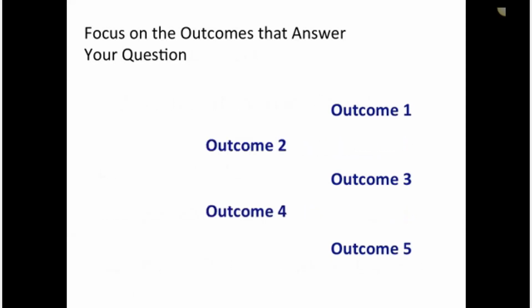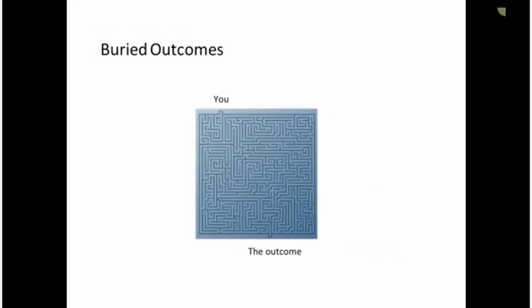For your purpose, you want to ignore a lot of the outcomes and focus only on the outcomes that are germane or relevant to your evidence analysis question. So a lot of this is developing a skill in what to ignore as well as figuring out what you need to identify. Often outcomes feel like they're buried. You're on one side of the article, your outcome is on the other, and you've got to find your way through this. So let's talk about how to do that.